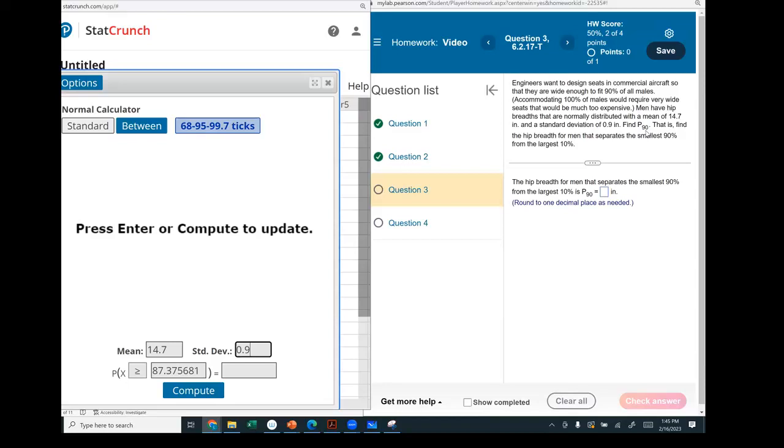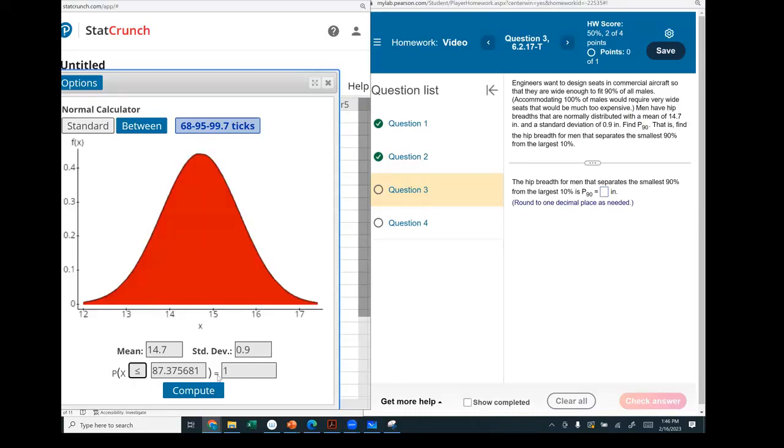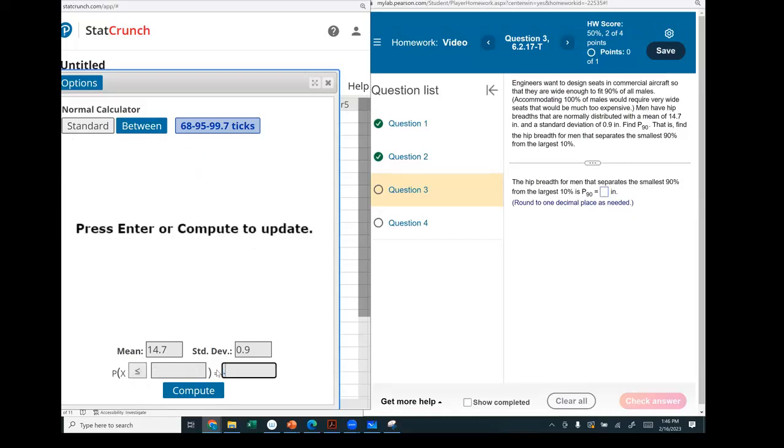Find the P of 90. That is, we want to find the hip breadth for men that separate the smallest 90% from the largest 10%. So if I want to separate the lower 90% from the largest 10%, I can say less than 0.9.